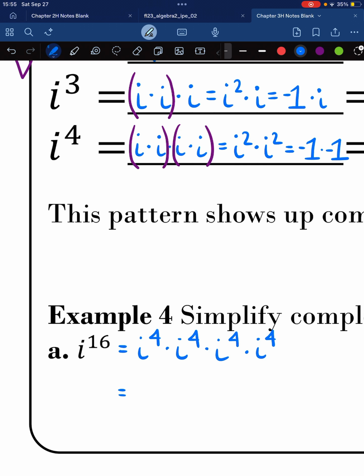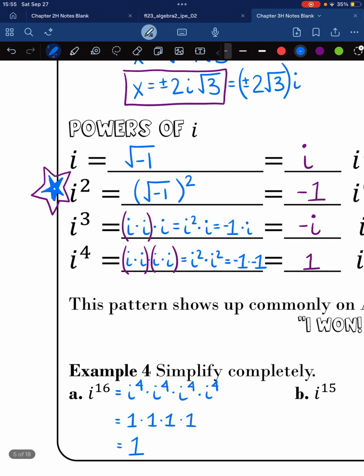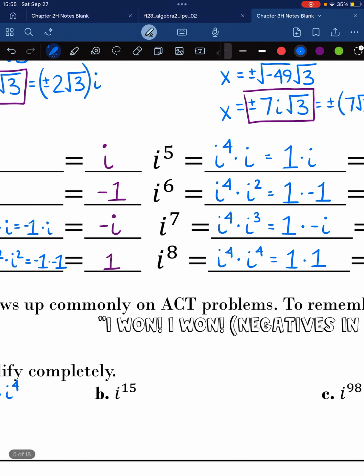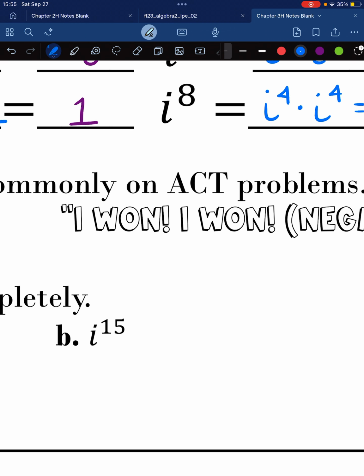So I have 4 groups of 4, which is just going to be 1 times 1 times 1 times 1. And again, because 16 is a multiple of 4, I know that this power of i simplifies to 1.